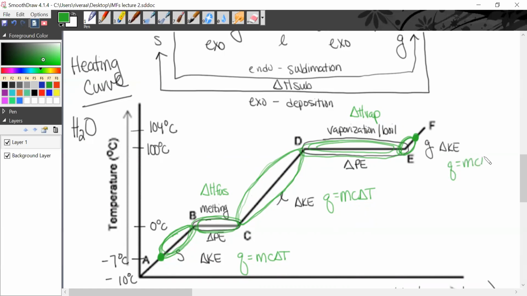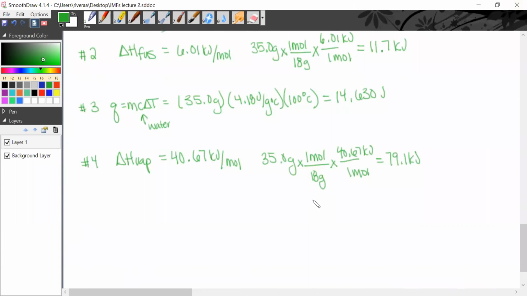So we can do Q equals MC delta T again. But the specific heat is not going to be for solid ice. It's not going to be for liquid water. It's going to be the specific heat of water vapor. And that is our last segment. And then all we'll have to do is add them together. Man, I'm going to hit like right on time. Q equals MC delta T. Specific heat of water vapor is 1.84.